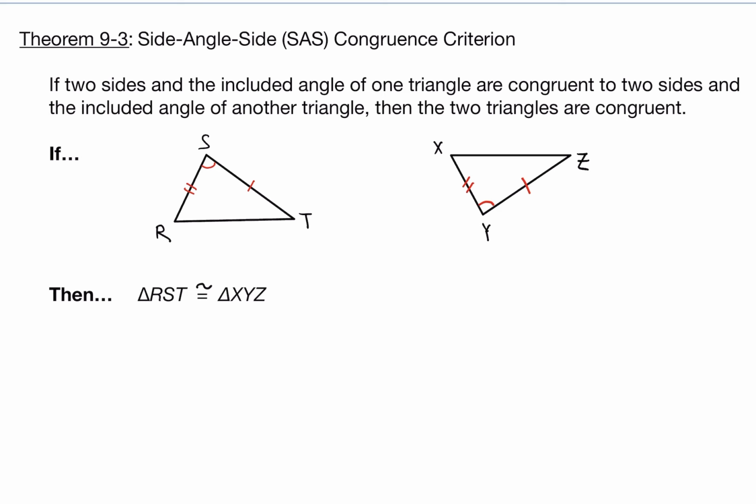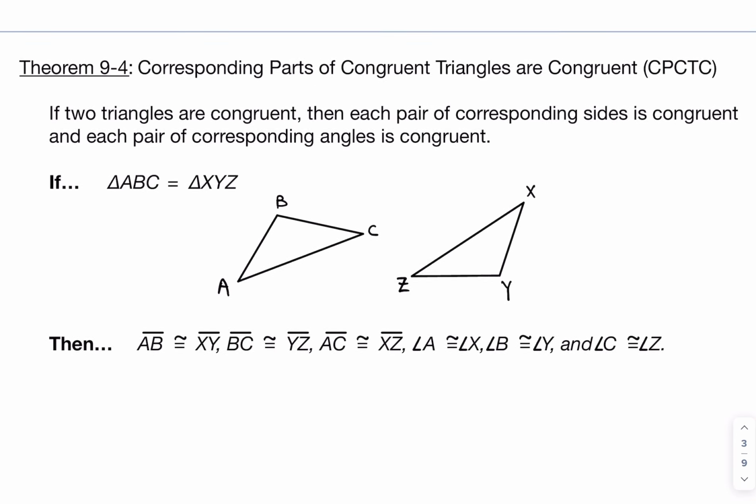Because all three of those things exist, and angle S is in between these two sides and angle Y is in between these two sides, we know that both of those triangles are congruent. So that's one of the theorems, and let's move on to the second theorem.